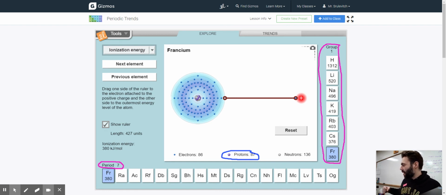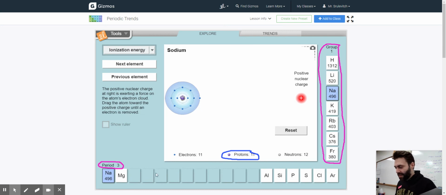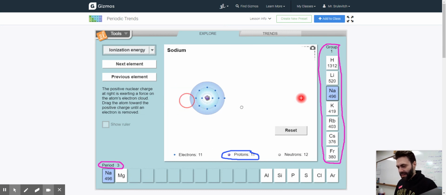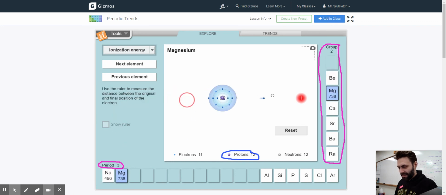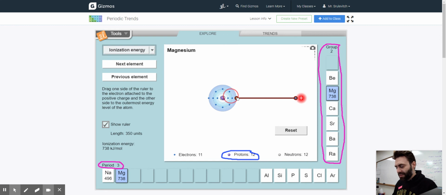So what about when you go across a period? So again, we're going to go back to our friend sodium, and let's go across this period here. So sodium, it's already recorded for us. Click on magnesium. So I'm looking at the period, which is the bottom here. Okay, here's the period. All right, and I'm putting this where the electron was. So for ionization energy, you put the ruler where the electron was.